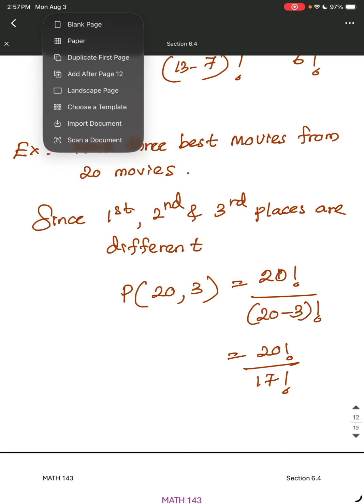So far, every object has been distinct. But what happens when some objects are identical? Okay, let's see permutations with repeated objects.